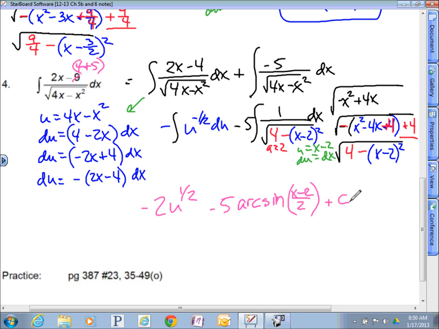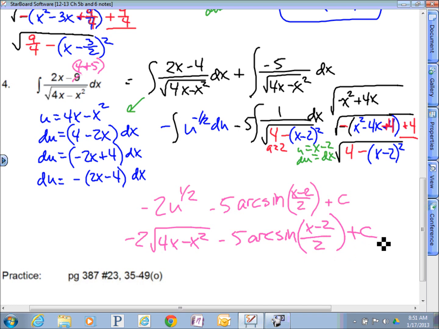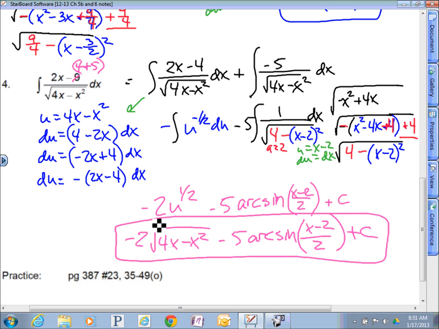Now once you're done putting your u back in, so how about negative 2 times the root of 4x minus x squared, minus 5 arc sine of x minus 2 over 2, plus my c. So that is a pretty complex antiderivative. One of the more complex ones you'll do all year.